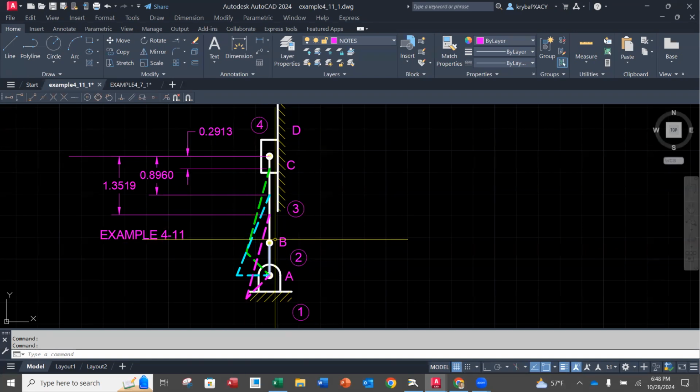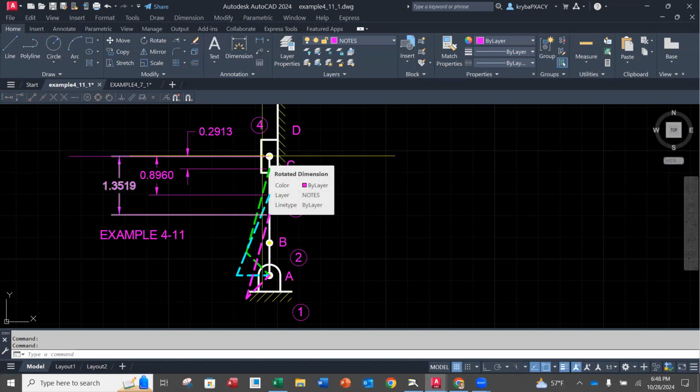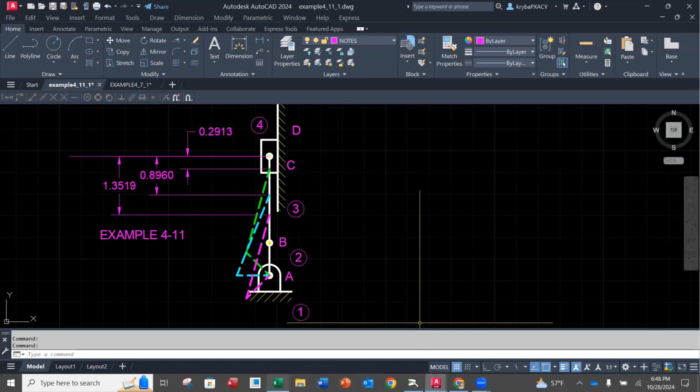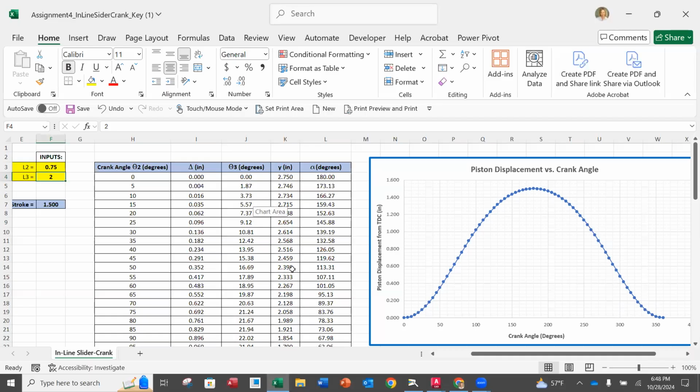Just make sure that you change colors so that you can see the different values, and then show me the measurements that you're getting from top dead center, which yours would probably be horizontally oriented. Then include the spreadsheet so that I can see that your values match up with what you got here. That's your check. This is your answer key, if you would. You'll put in the L2 and the L3 based on those values, and then you'll know if you have it drawn correctly or not.